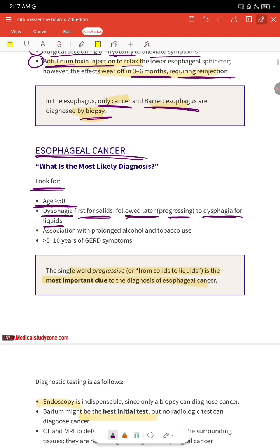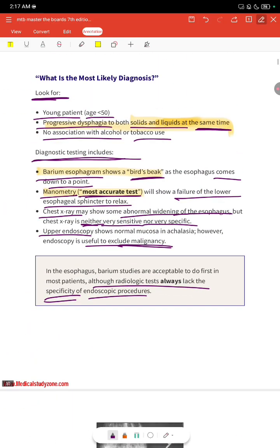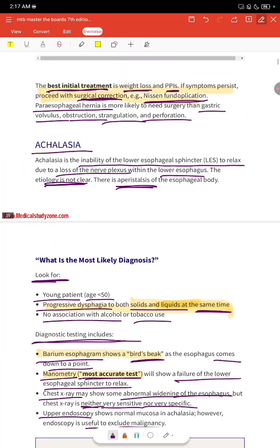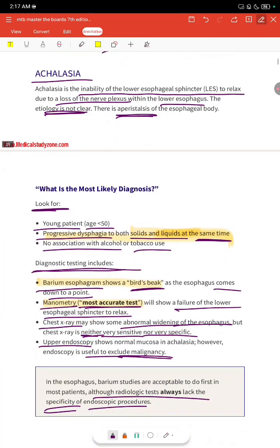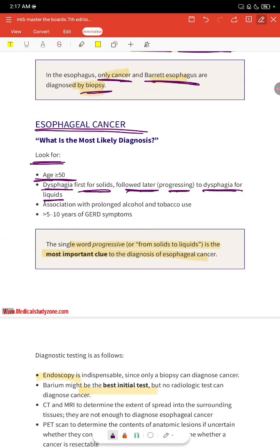And this is the difference from the symptom that we discussed above in achalasia. There was a progressive dysphagia to both solids and liquids at the same time. And here in esophageal cancer, the dysphagia is first for solids only, followed later by progression to dysphagia for liquids.